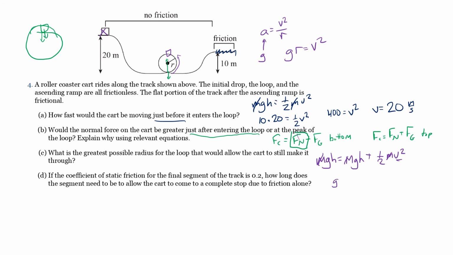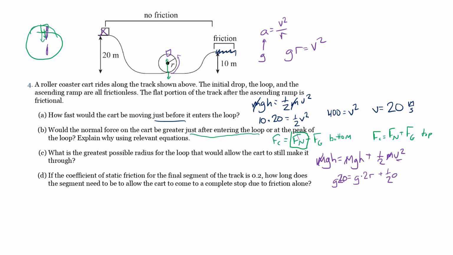So we're going to have gh is equal to, I'm going to plug in the h's because the h's are different. g times 20 is equal to g times h, which is going to be 2 of the radii, right? One radius for here, one radius for there, plus 1/2 v squared.